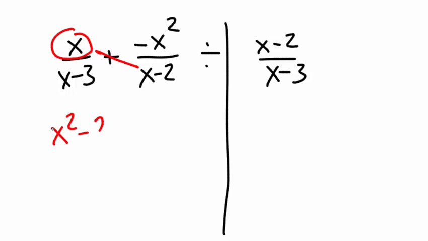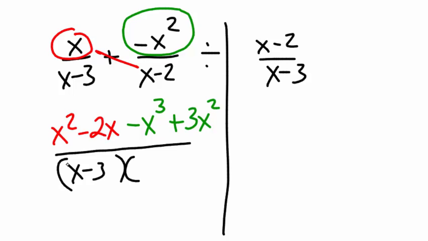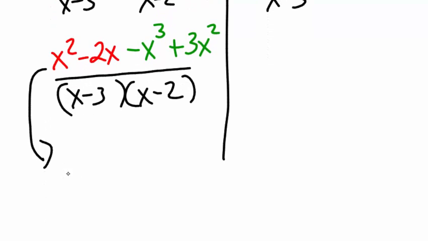So here I'm taking x squared minus 2x, and then if I do the same thing over here, negative x squared times x gives me negative x cubed, and then plus 3x squared, and that's all over. So now that we put our denominators together, x minus 3, x minus 2, right? So the top then simplifies down when I put them together like terms.